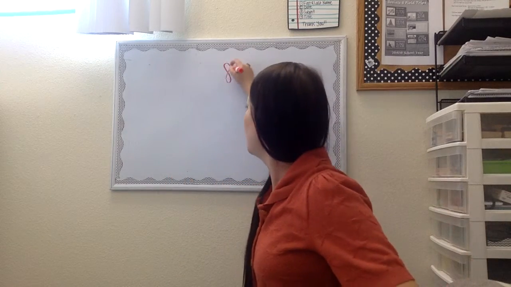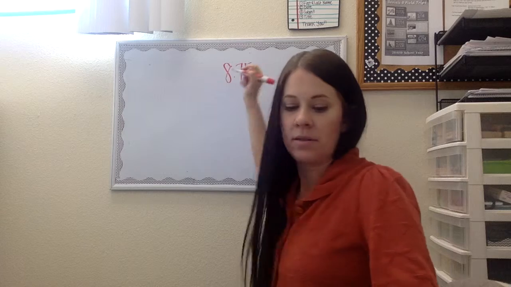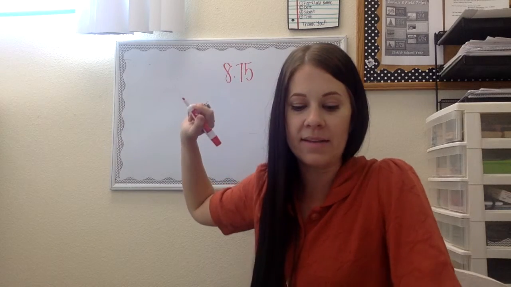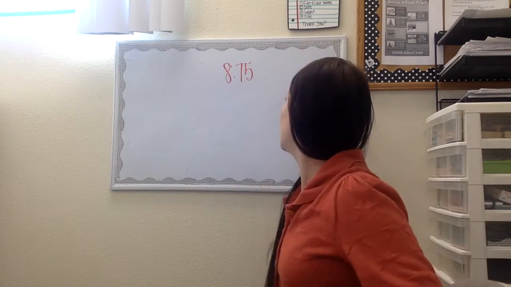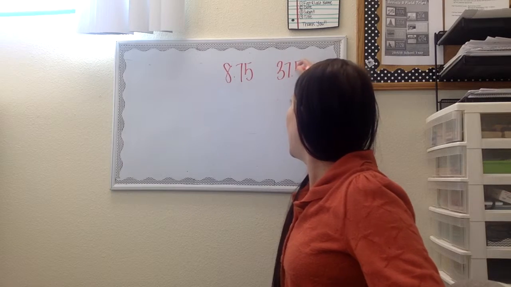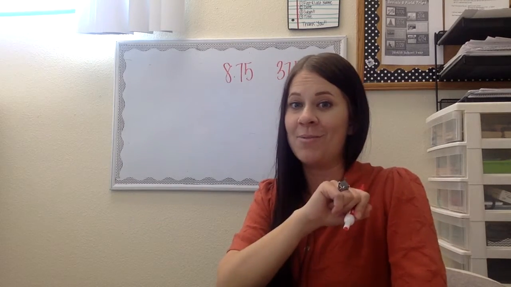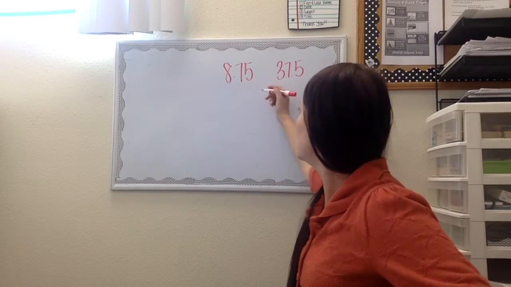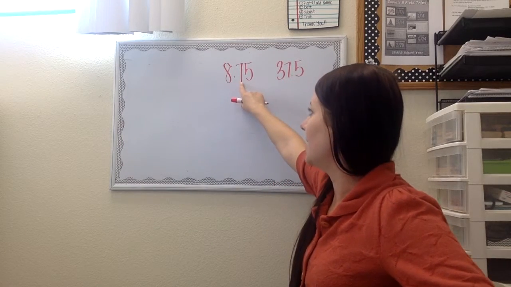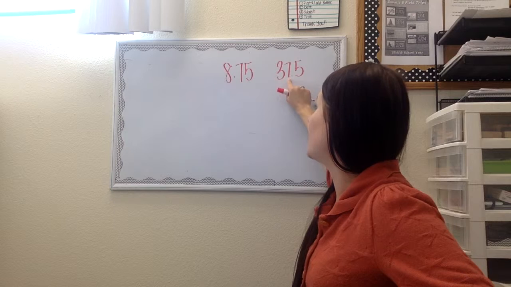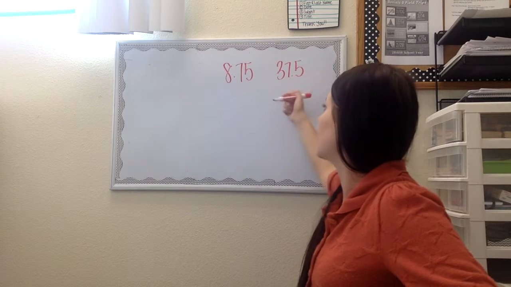So Kaylin earns $8.75 per hour, and she works 37 and a half hours. So per week, we know we're multiplying, I'm going to make this a 9 because that's a 7. I'm also going to move this up to 38 because that's a 5.